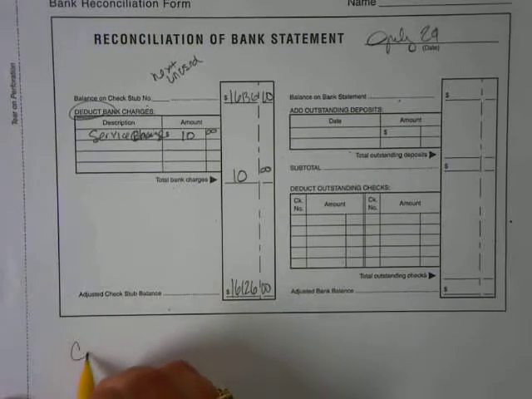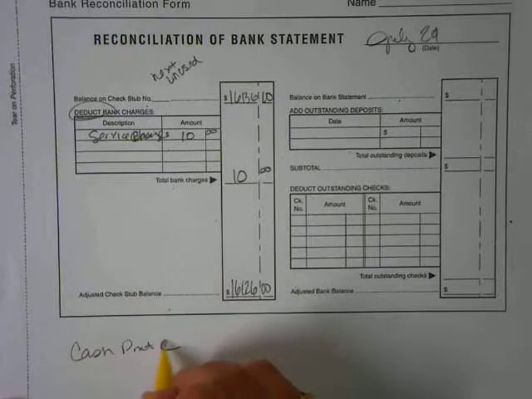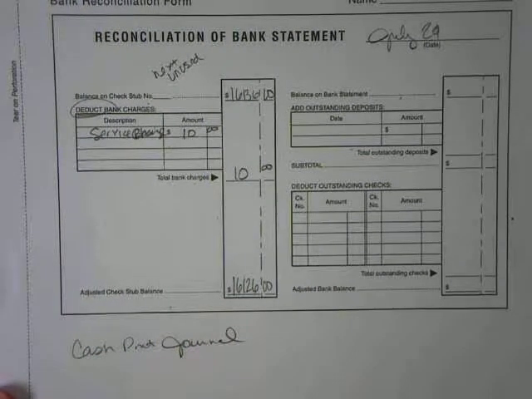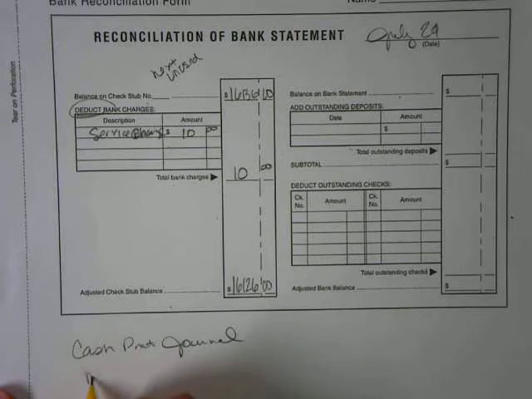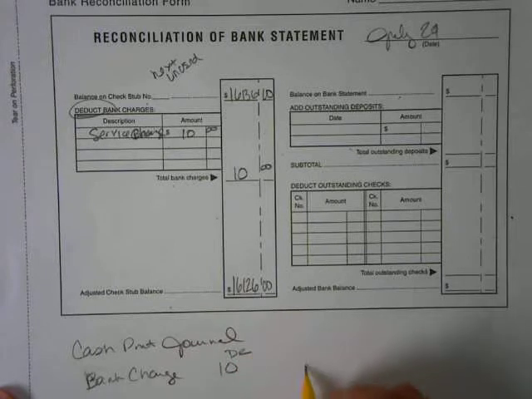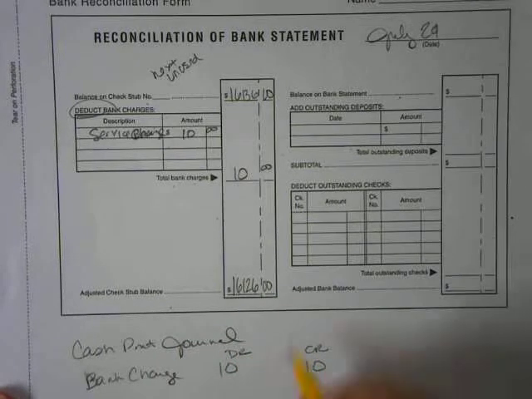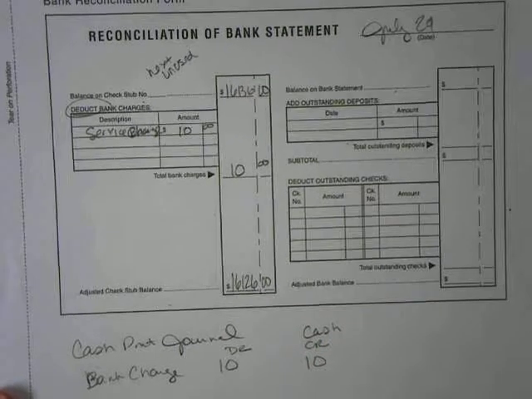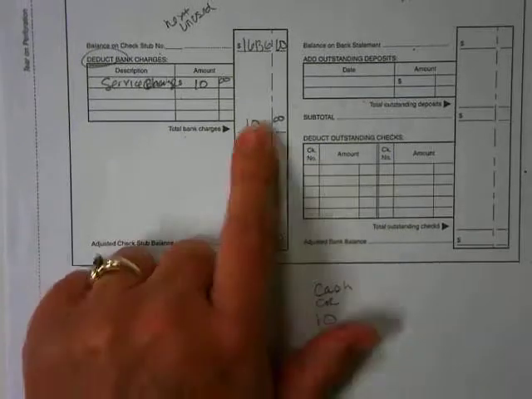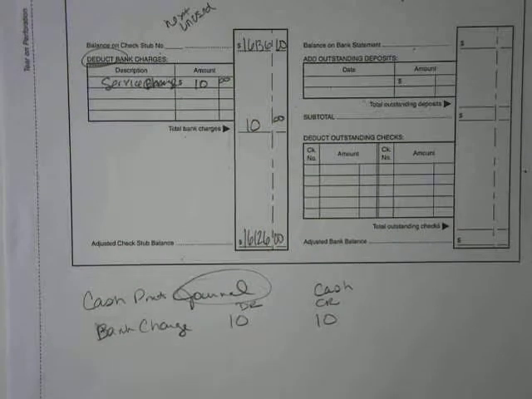So you'll go to your cash payments journal and journalize the bank service charge, miscellaneous expense, whatever the account is that they're telling you to, for a $10 debit and a $10 credit, cash credit. And that would go in the actual journal. You can't skip that step. So don't skip the step of putting it in the checkbook, and don't skip the step of putting it in the journal.